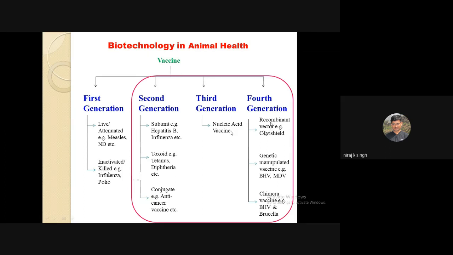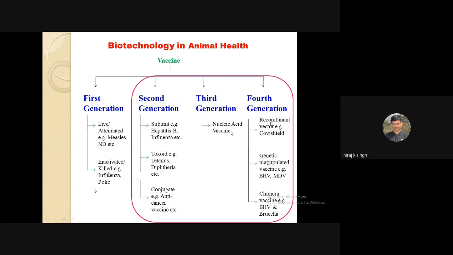The best example of recombinant vaccines is Covishield. What is Covishield? In Covishield, an adenoviral vector is used to carry a gene of the SARS coronavirus, or COVID virus. I will discuss this in a later slide, as well as Covaxin. Covishield is a recombinant viral vaccine, and Covaxin is an inactivated or killed vaccine.